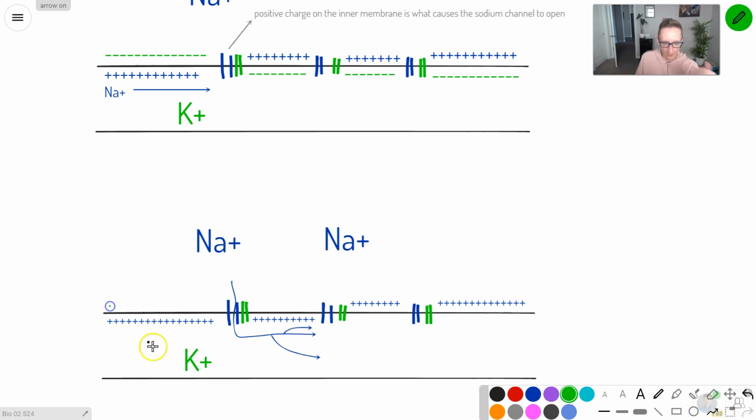That means this will be negative, negative, negative, negative, negative. Okay, so it's actually these changes in membrane potential that cause these channels to open and close.